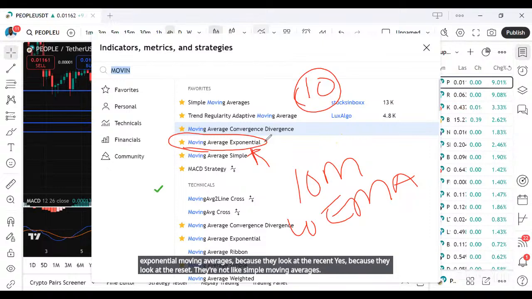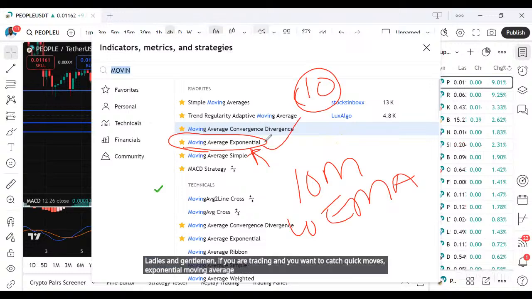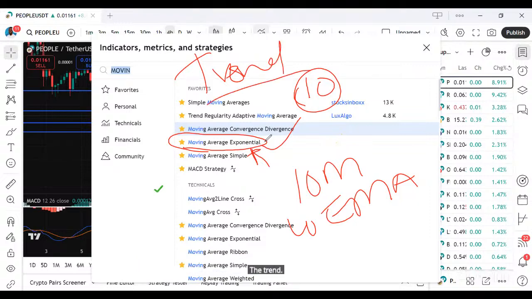If you are trading and you want to catch quick moves, exponential moving averages are very important. If you are analyzing long-term trends, then go in for simple moving averages.